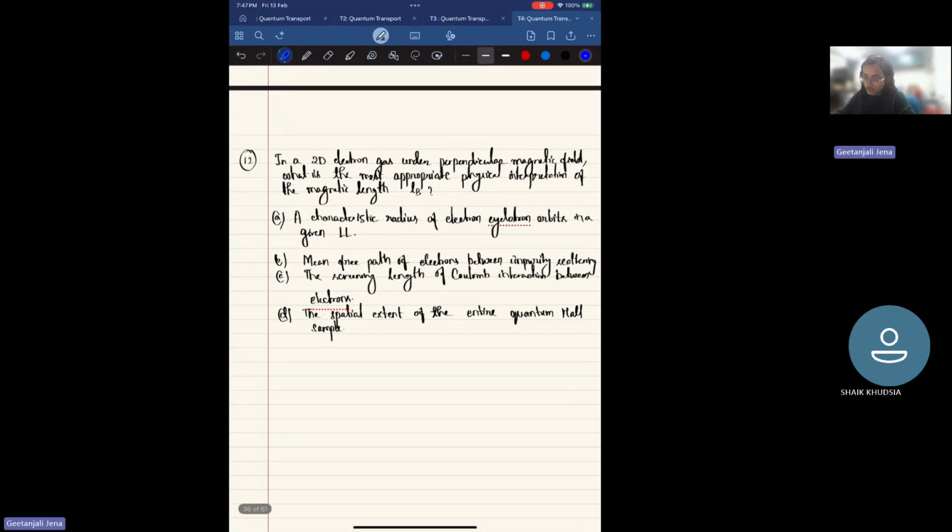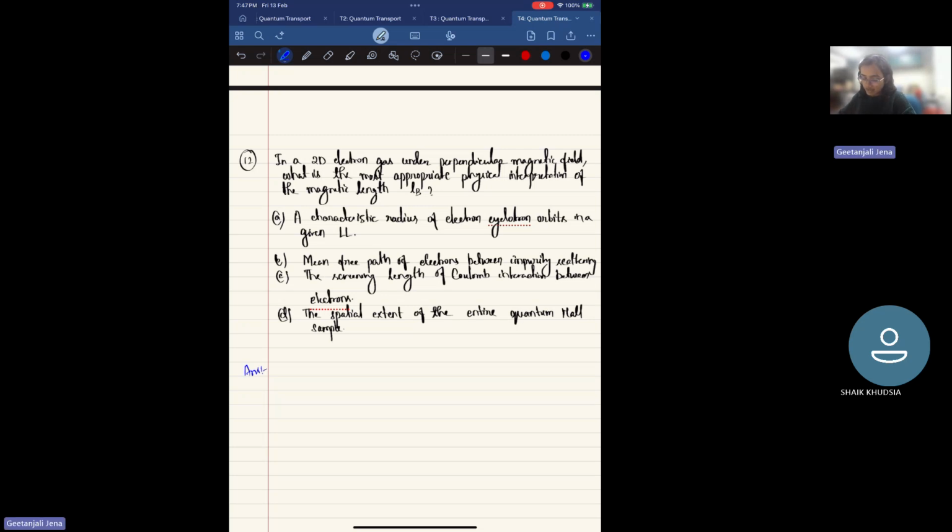Okay. Question number 12. In a two-dimensional electron gas under perpendicular magnetic field, what is the most appropriate physical interpretation of magnetic length LB? Whether LB refers to the characteristic radius of electron cyclotron orbits in a given Landau level, or the mean free path of electrons between impurity scattering, or the screening length of Coulomb interaction between electrons, or the spatial extent of the entire quantum Hall sample.